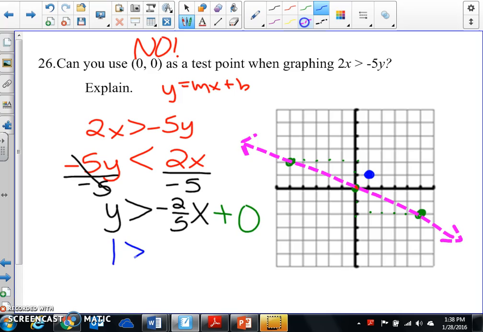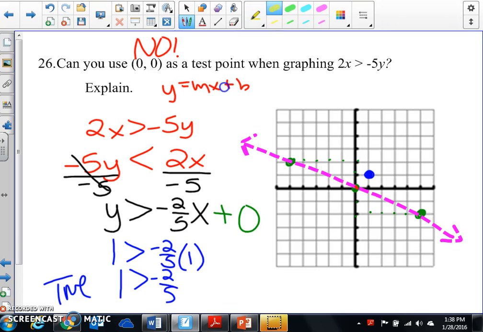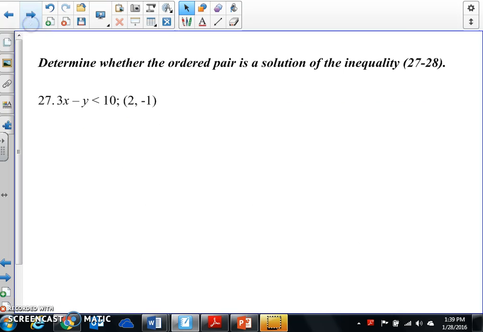So 1 is greater than -2/5 times 1, which is just -2/5. That is a true statement. So since it's true, I want to shade where that point is. I would shade above. So once again, no, you cannot use the origin as a test point.